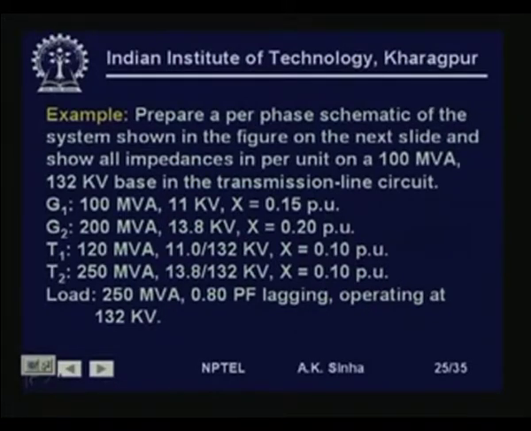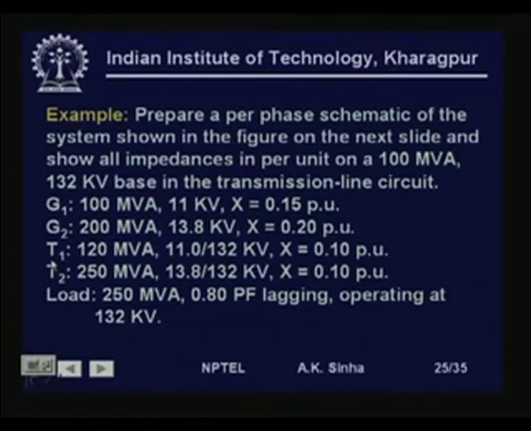Now, for this system we are given that we have a generator G1 with 100 MVA rating at 11 kV and impedance of 0.15 per unit. Another generator G2 with a 200 MVA rating and voltage rating of 13.8 kV and reactance X equal to 0.2 per unit.